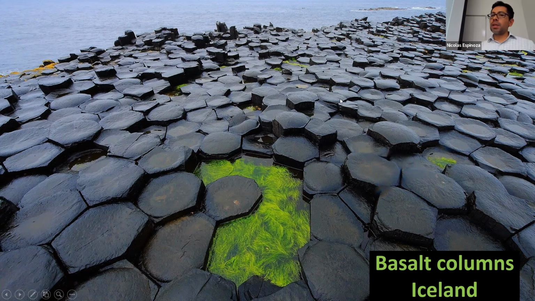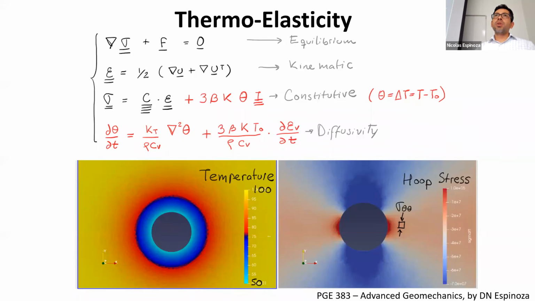So these thermal stresses can be severe enough that they can fracture the rock in tension, and as we're going to see also, they can reactivate fractures in shear. So how do you solve these problems now with mechanics and changes of temperature and changes of strain?